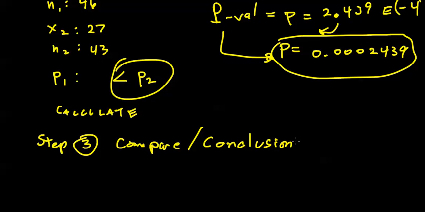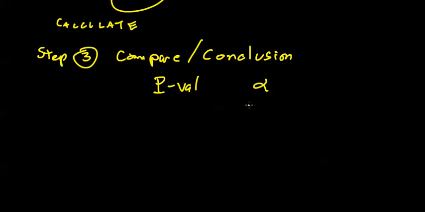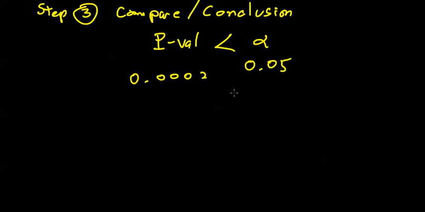H0, right? Always, our conclusion is always in terms of H0. So I'll make this little mini table again, compare my p-value to the alpha level. The alpha level is given to us as 0.05 in the problem context, and our p-value I'll round off to 0.0002, because you can see quite clearly this is a very small p-value, and your p-value is less than alpha.